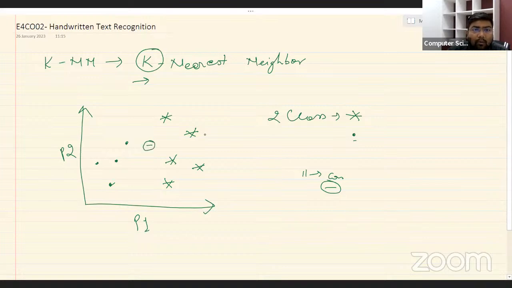Now what we will do, if the K value is 3, is identify the 3 instances nearest to this new instance. So we will identify which 3 instances are nearby.